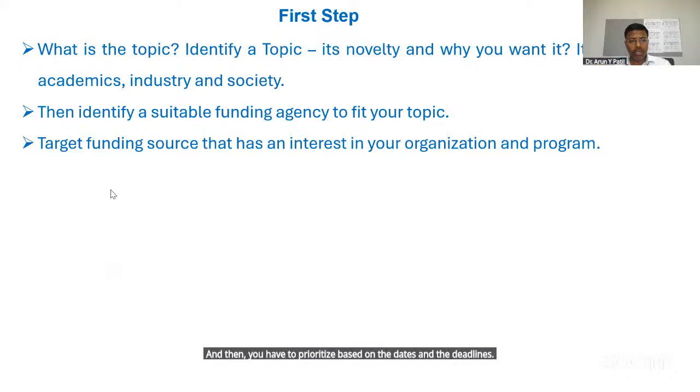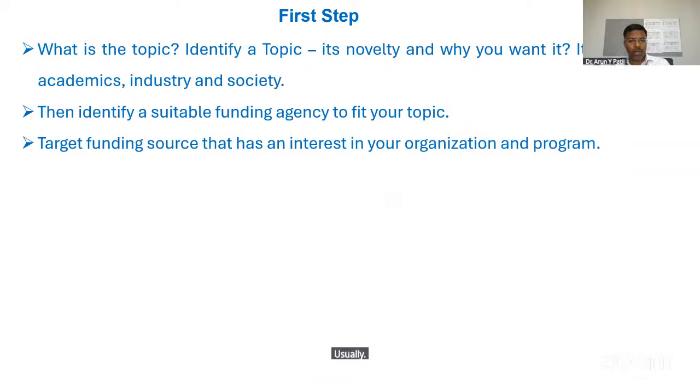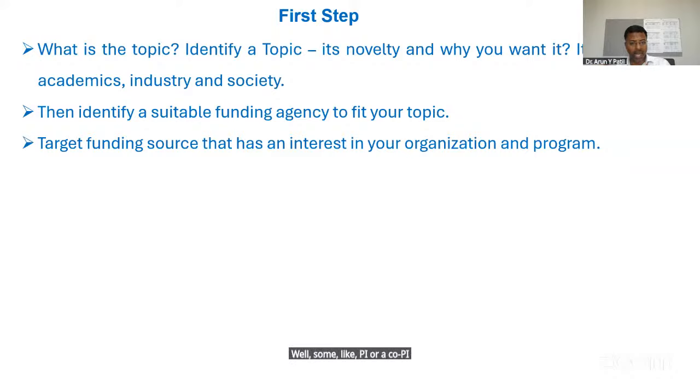The next part is to target a funding source that has an interest in your organization and program. Usually for central government funding applications, this does not hold good, because they might check the institute or affiliation from which the PI or co-PI are applying, but they give it the least importance.